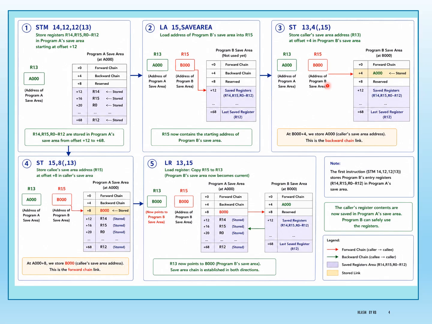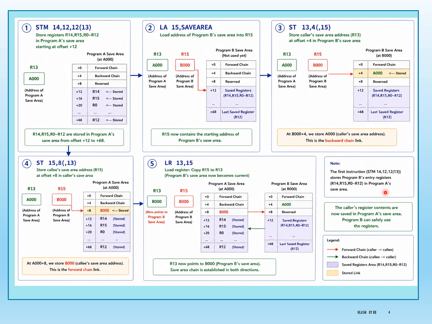Now I am done with it. Now I can go back and reset my register 13 to point to program B. So right now register 15 is having B00, which is the address of the program B save area, which I am loading in register 13. Means now my register 13 is pointing to the current save area, which is the program B save area. Why I am doing it? Because I will reuse register 15.